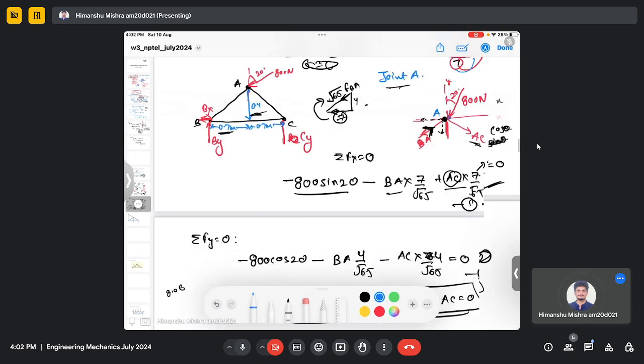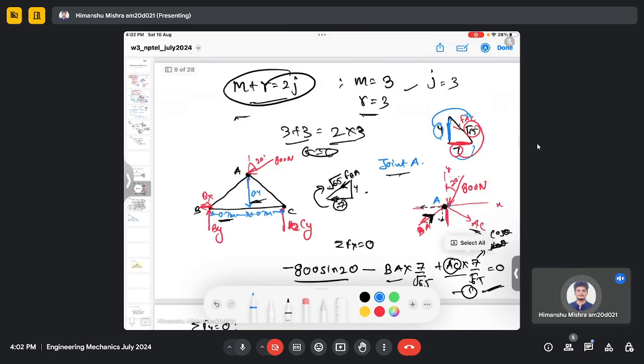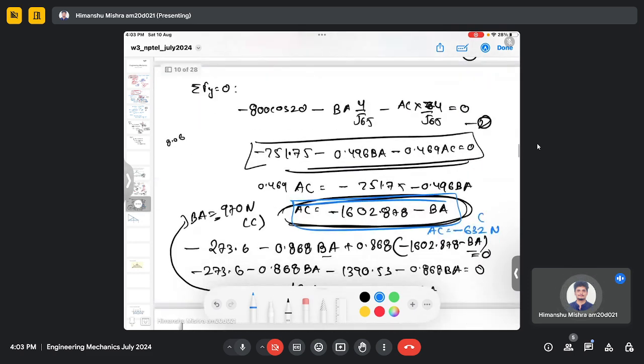So again, our assumed direction of AC is not correct. This is the correct direction, and we can see that it is going towards the joint, which means force AC is again compressive in nature. So these are the forces AB and AC.